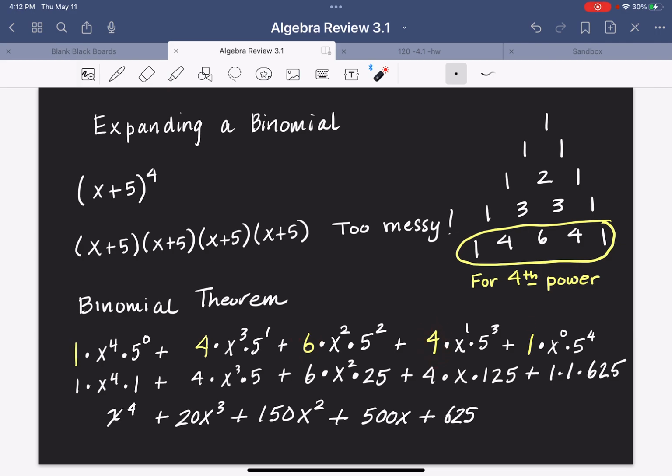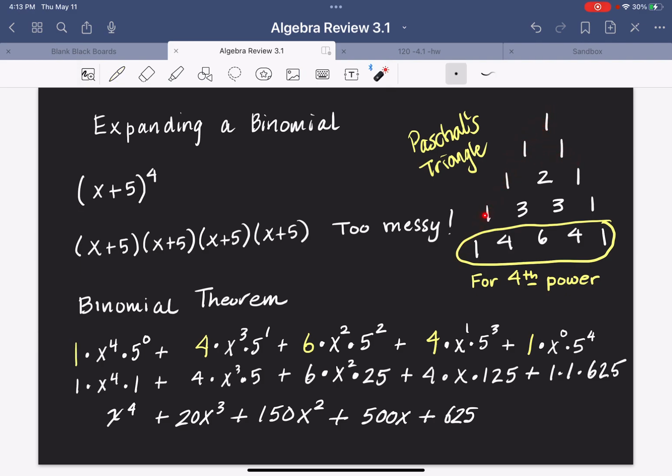Now there is a formula for finding these, but the easiest way is to use this triangle, which is called Pascal's triangle. To do that, we start with a triangle of ones.